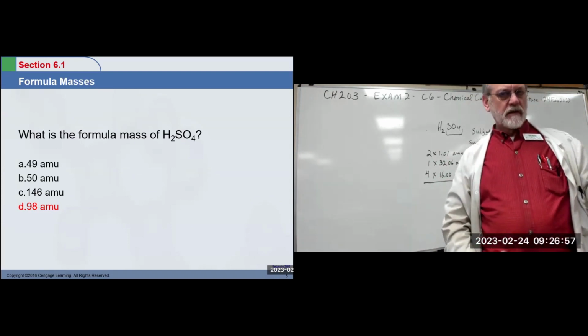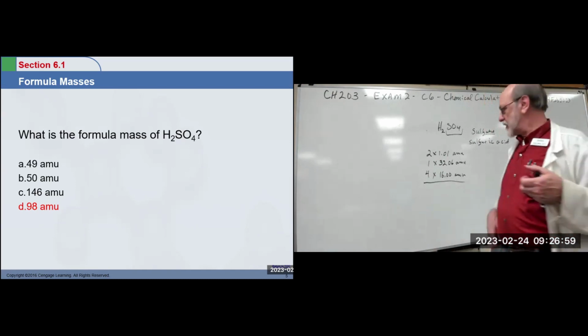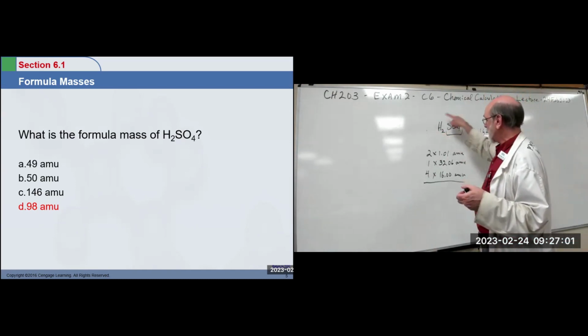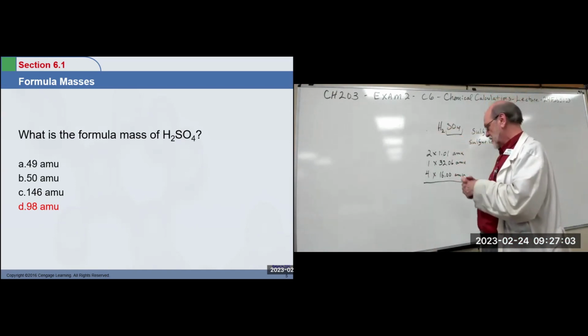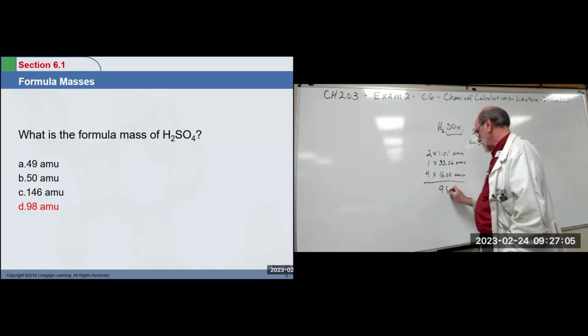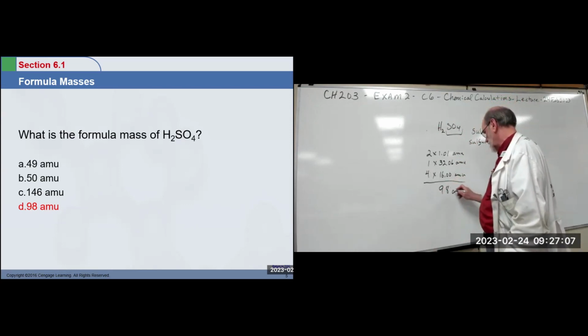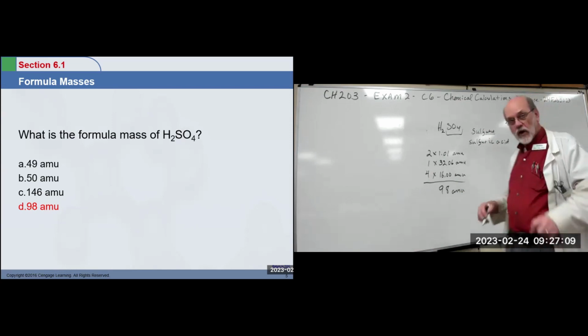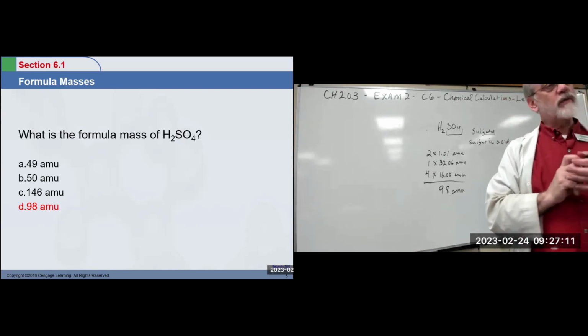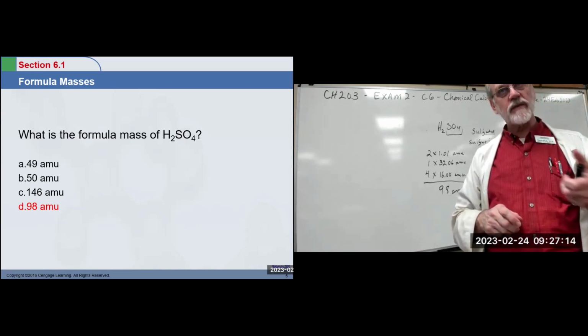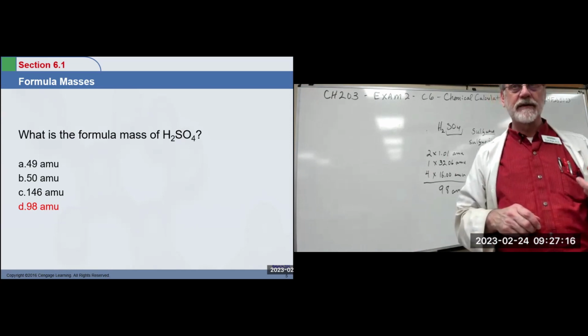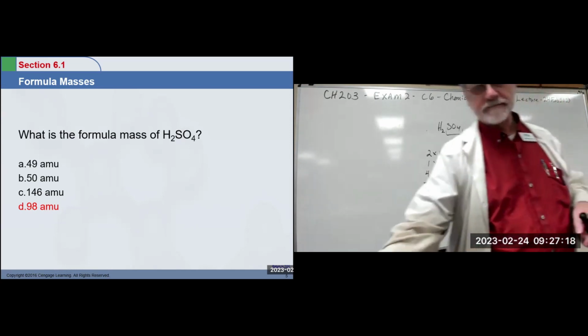Okay. So what we're saying is that collection of atoms has a mass of 98 atomic mass units. And that carbon as our basis, that carbon isotope has exactly 12 atomic mass units for its mass. That's our reference.